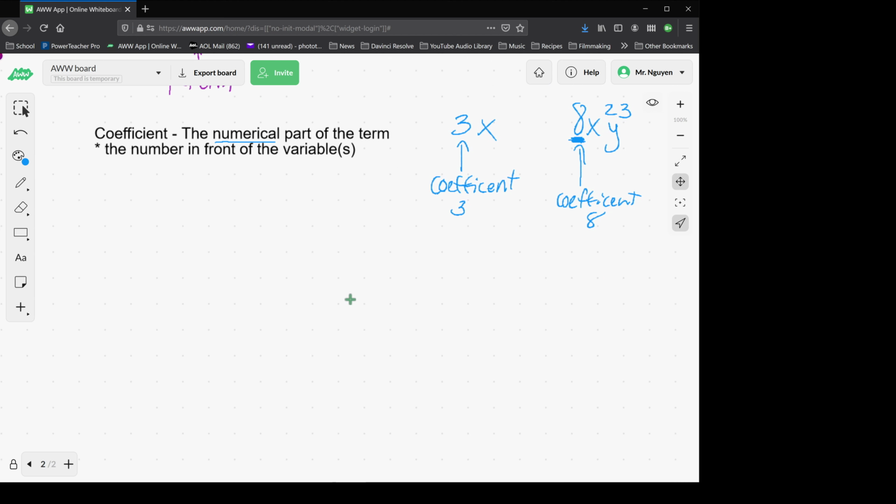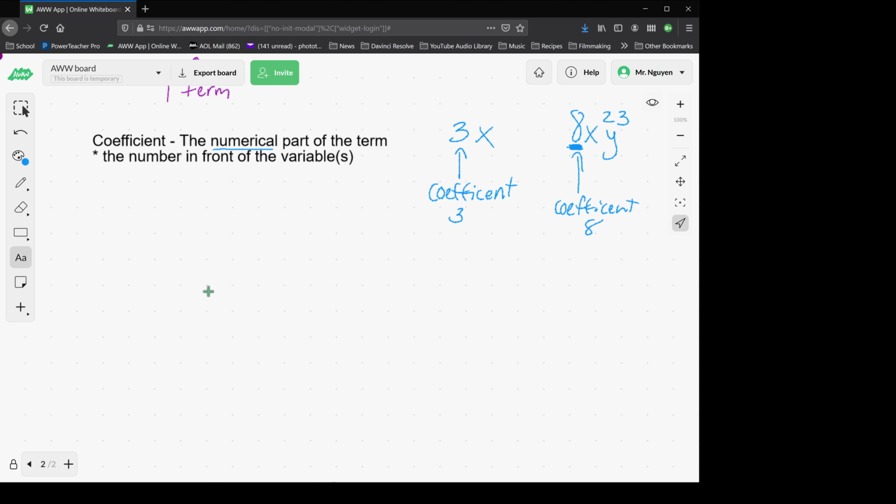Okay. Two more things. Constant. I'm not sure I'm going to be quizzing you specifically on this, but you need to know it because I'm going to refer back to it again and again. A constant is just a number by itself.